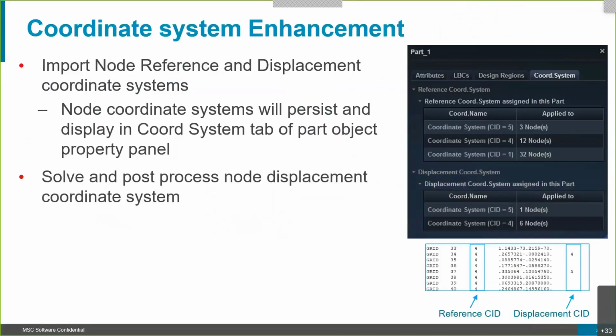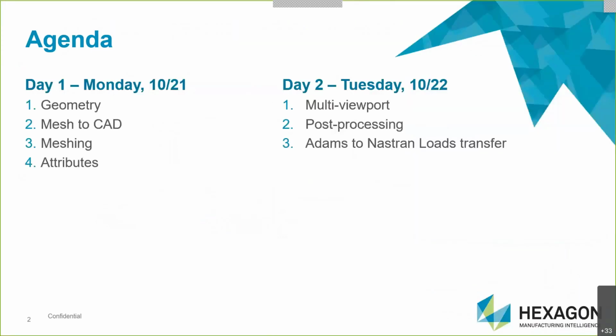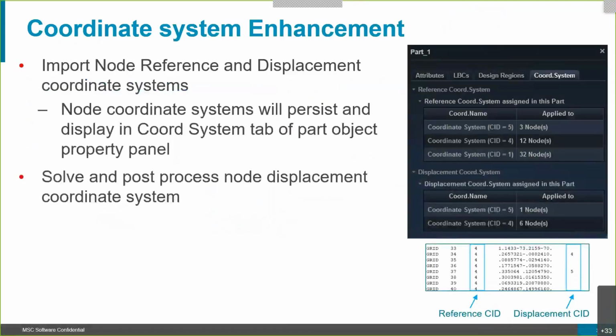So I'm going to cover just a few things. I think we've just got three things here. The first part is some changes and enhancements we made to the coordinate system. Basically, in the Jaguar release, we now correctly support node reference and displacement coordinate systems.